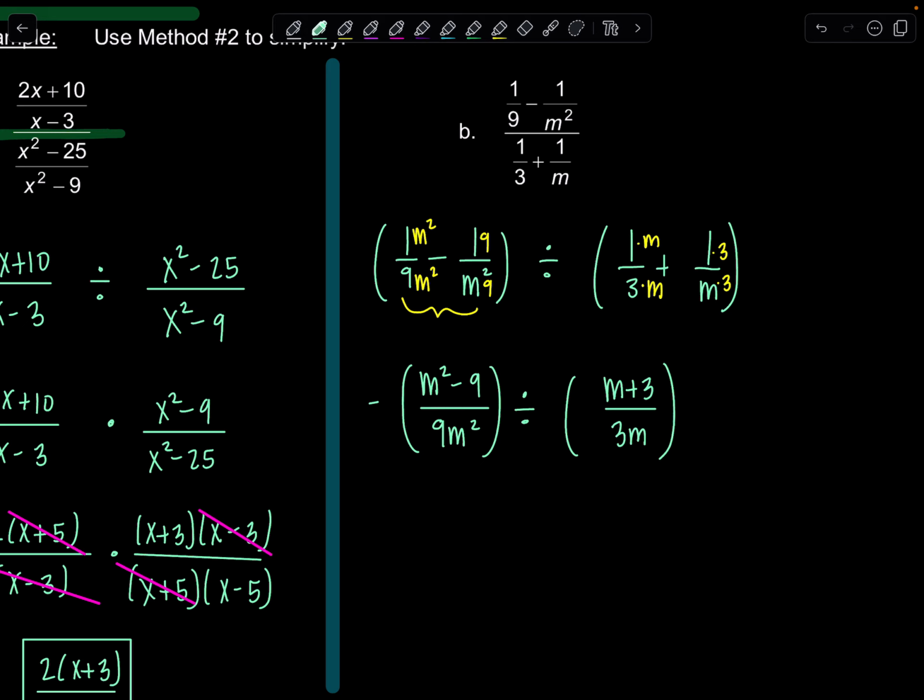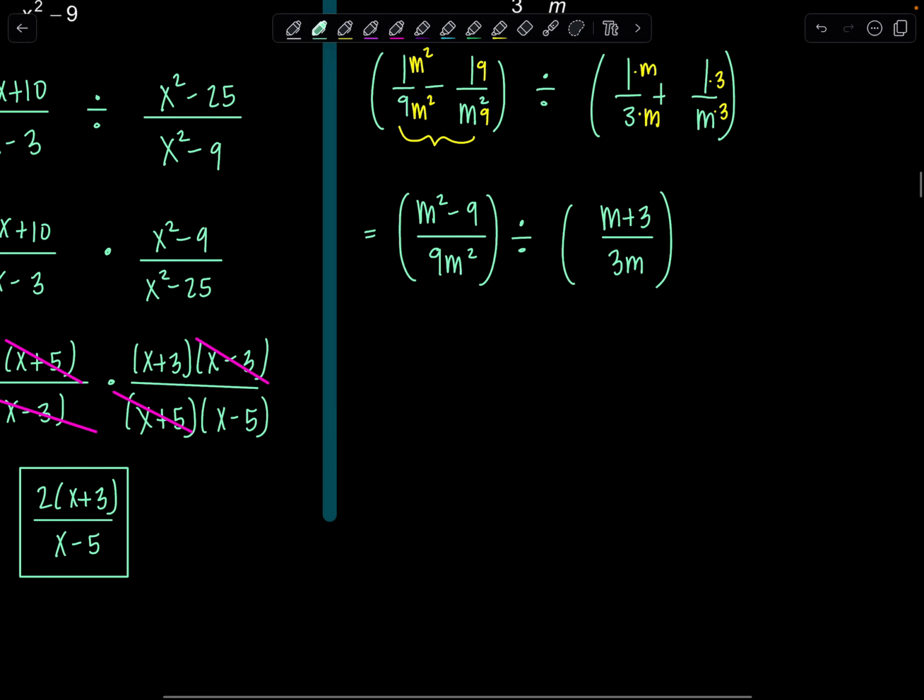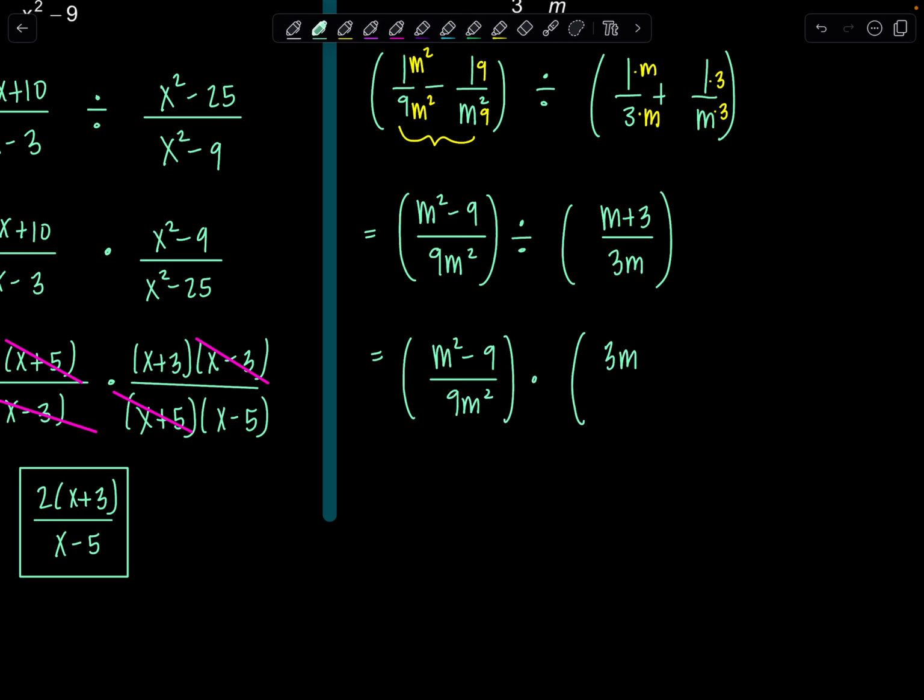Now I'm ready to go ahead, change it to multiplication, flip the second expression. So we've got m squared minus 9 over 9m squared times 3m over m plus 3. Good? And then from here, factor everything completely before canceling and finishing the problem off.